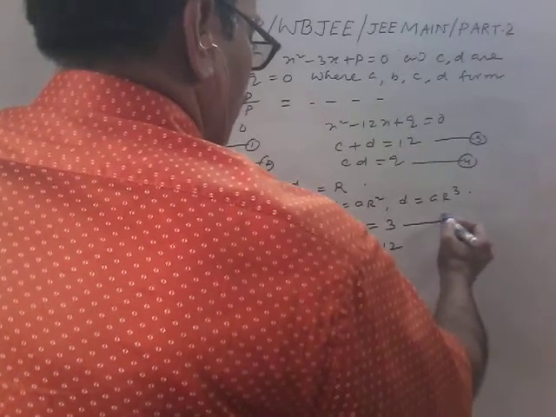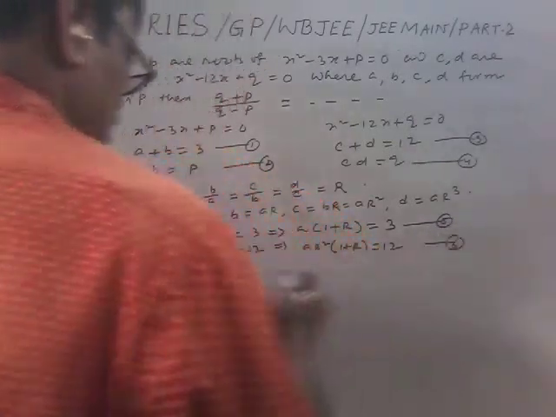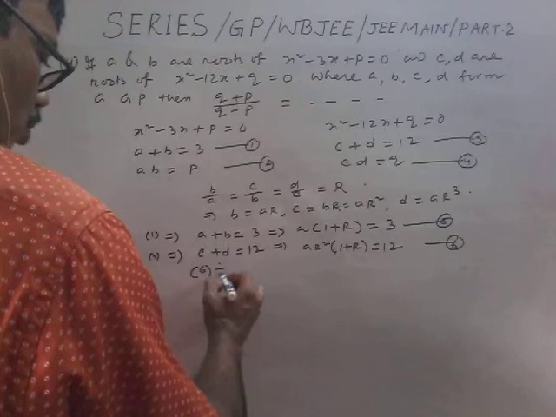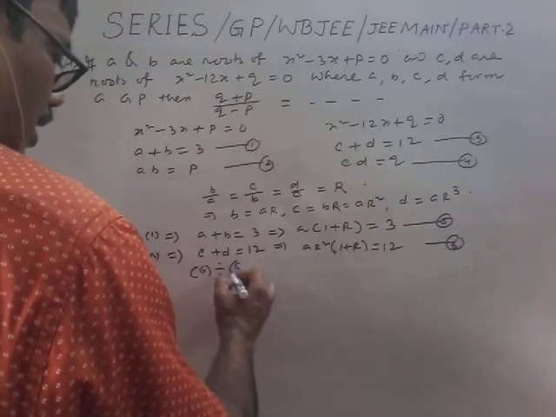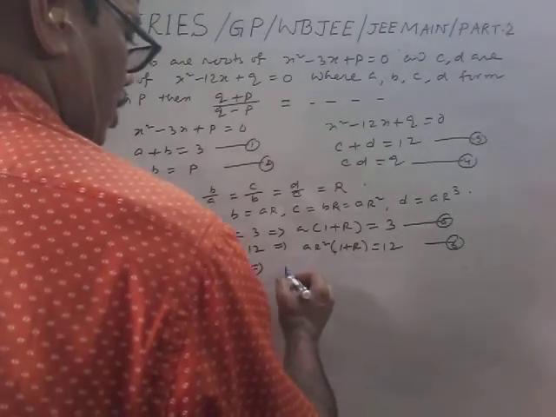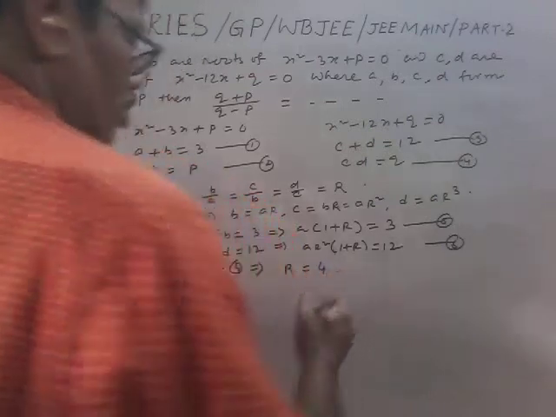So this is 5, this is 6. So dividing 6 by 5, we get r square equals 4.